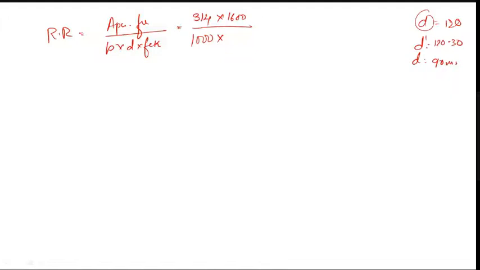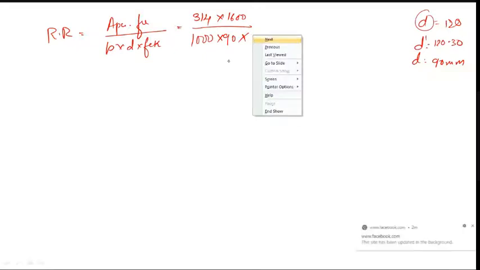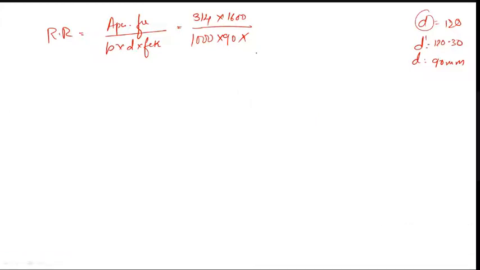Here we have taken the effective depth. So this d will be 90, into fck, what was the grade? It was 40. It equals 0.1395.